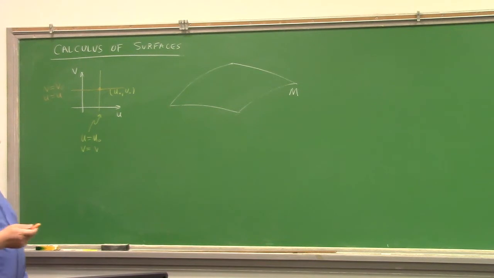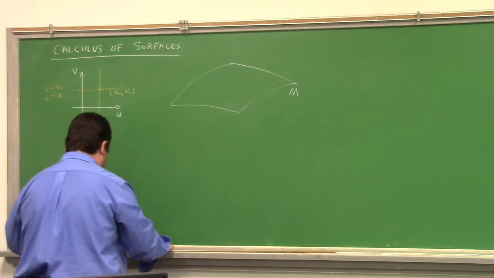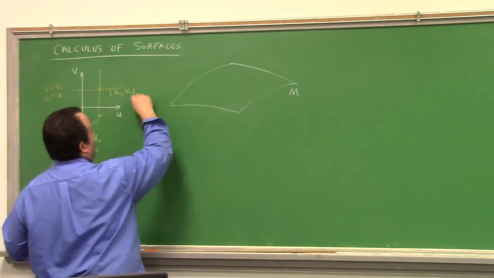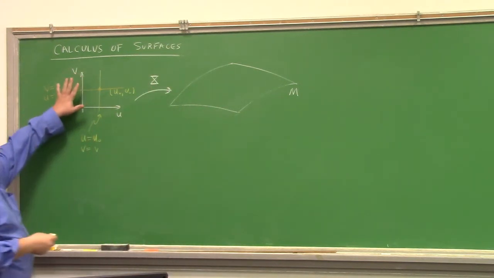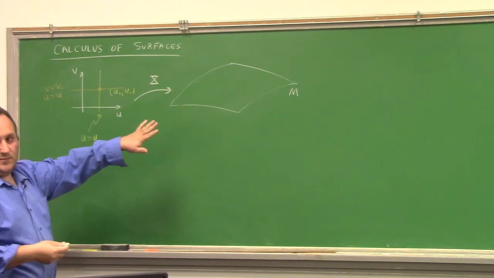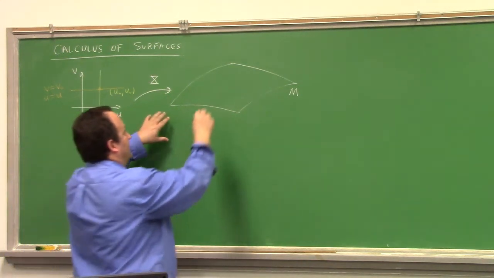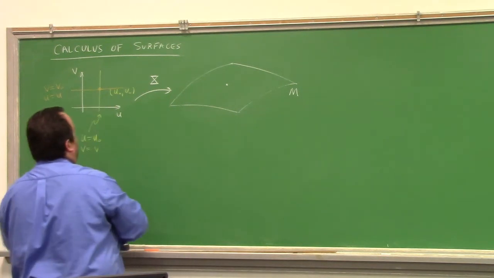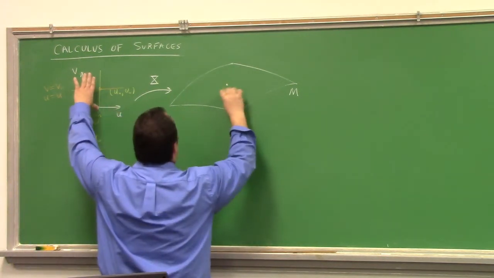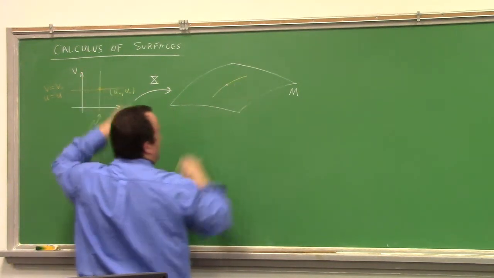Now, the patch takes us from here to there, right? Takes us from R2, the parameter space, over to the surface M. And so if you think about it, over here, it's going to take that vertical line and map it to something that's a curve over here, right?